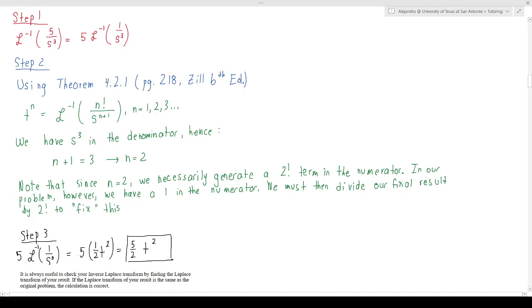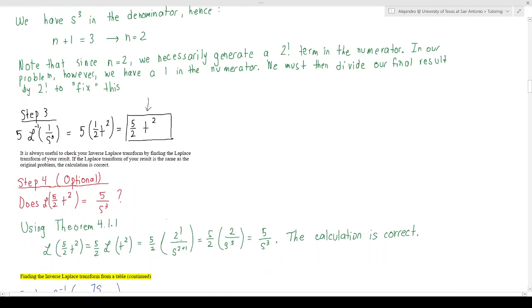Remember, the 5 has already been factored out, so it's just being multiplied by whatever the inverse Laplace of 1 over s cubed is. So we end up with 5 times 1 over 2, getting rid of that 2 factorial by dividing by 2 factorial, and 2 factorial is equal to 2. So we get 5 times 1 over 2 times t squared, and that turns into 5 over 2 t squared.